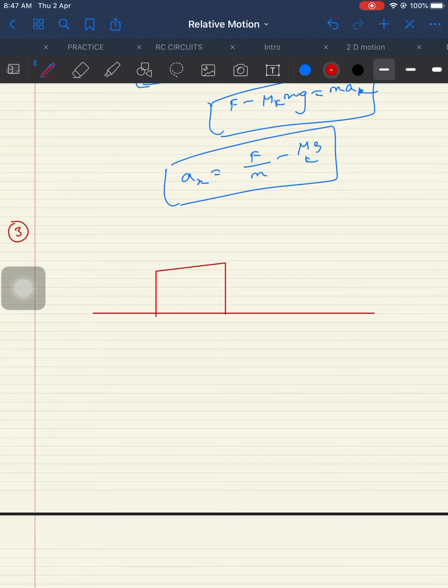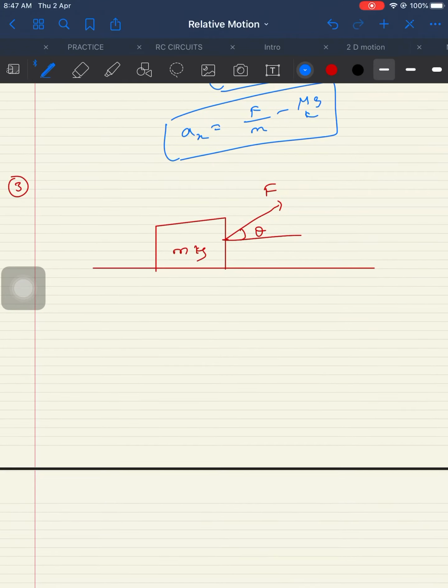A force F is acting and it is making an angle theta, and the mass is m kg. Now the question is, find the acceleration of this block, and it has a kinetic friction mu k. Mu s and mu k, two are there.